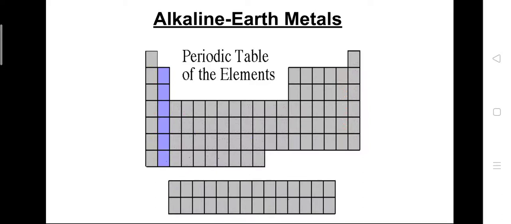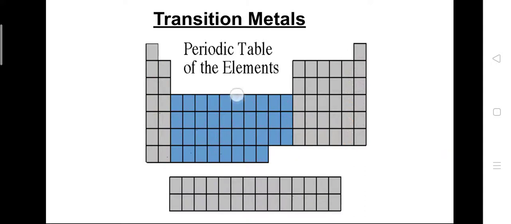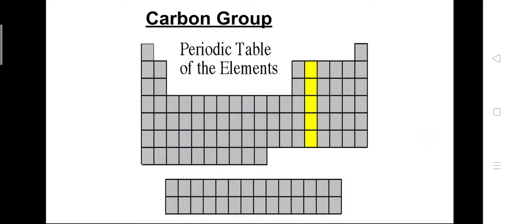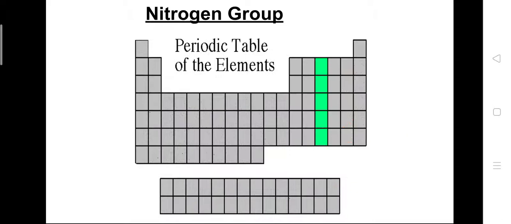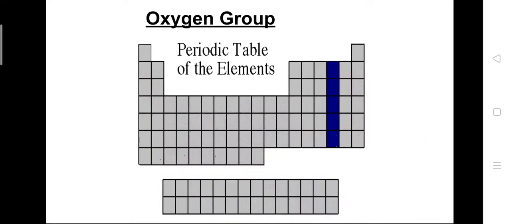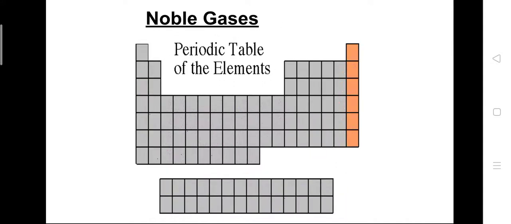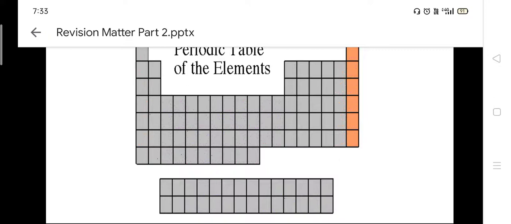The third group here is the alkaline earth metals. Everything in the middle here is the transition metals. Then we start with the boron group, named so because up here is boron. Then the carbon group, nitrogen group, oxygen group, halogen group, and the last one here is the noble gases.